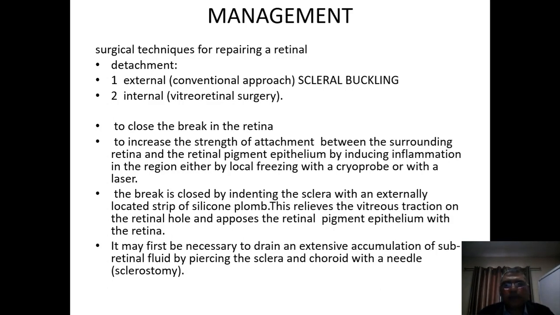We close the break in every case of retinal detachment by cautery or by endolaser or other means, and we put silicone inside the eye, silicone bubble, to produce internal tamponade in cases of vitrectomy.